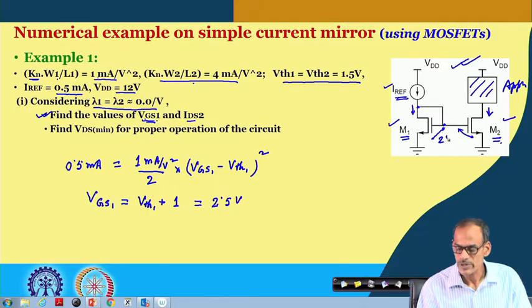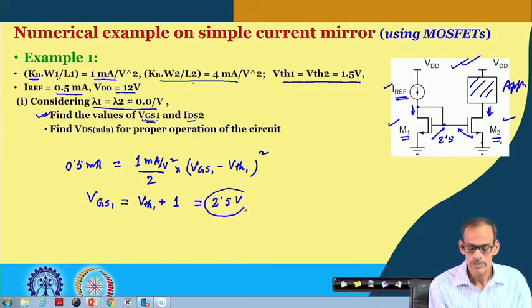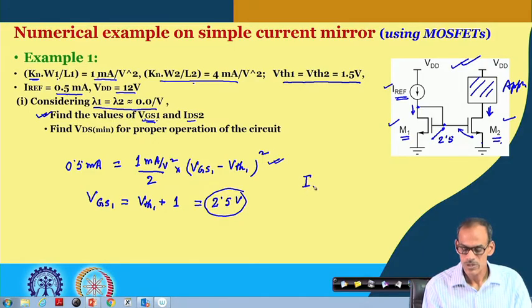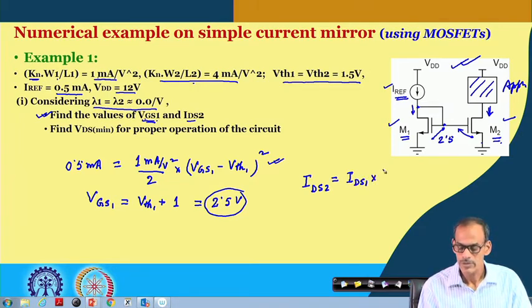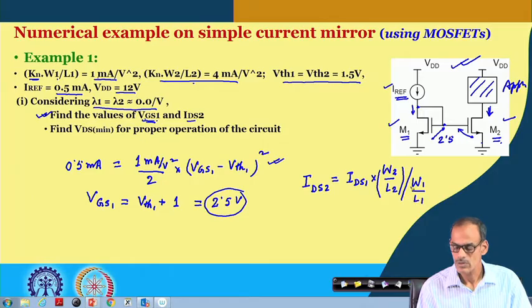This 2.5 volt goes to the VGS of transistor 2, and for the corresponding current, either we can use this 2.5 VGS and again use a similar kind of equation, or directly we can use the expression of IDS2 in terms of IDS1 multiplied by the W by L ratio of transistor 2 divided by the W by L ratio of transistor 1.